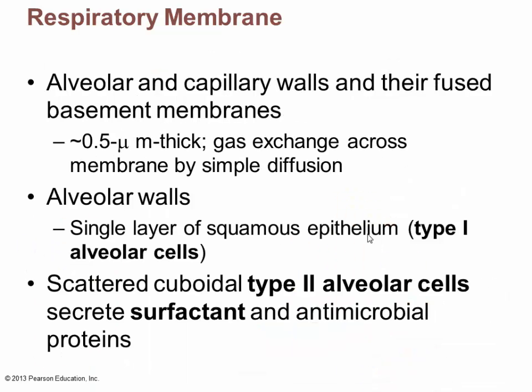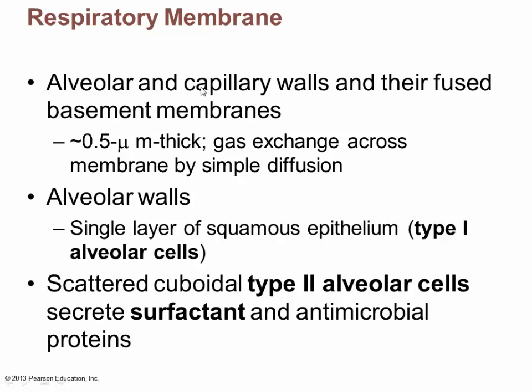Now, surrounding the alveoli, where gas exchange is going to take place, we have something known as the respiratory membrane. Again, anytime you see respiratory anything, it's gas exchange taking place. You've got the alveolar and capillary walls.